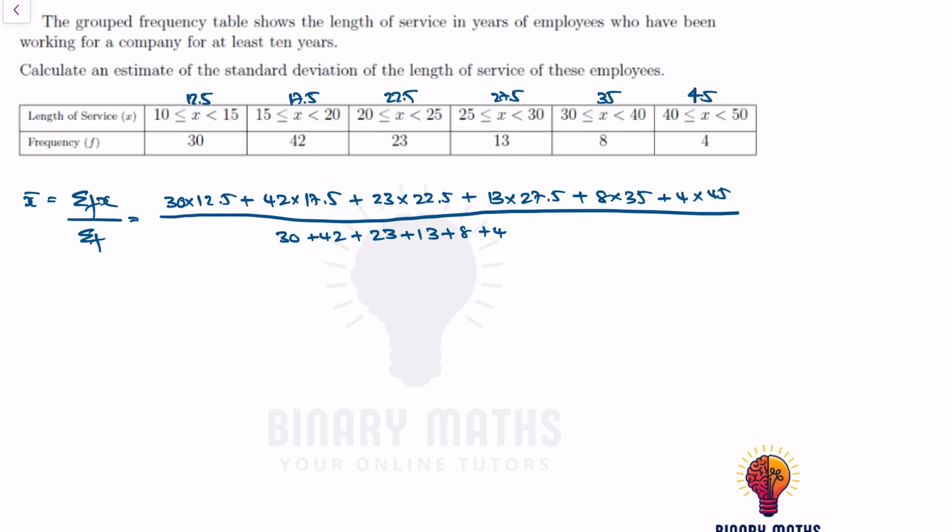Now from our calculator, we end up getting 20.375. Okay, we need this number to work out the standard deviation.